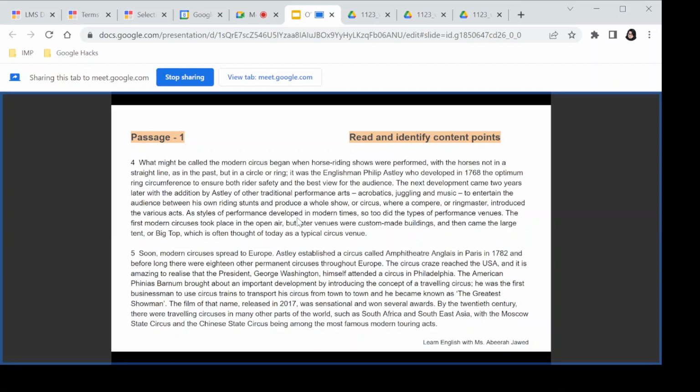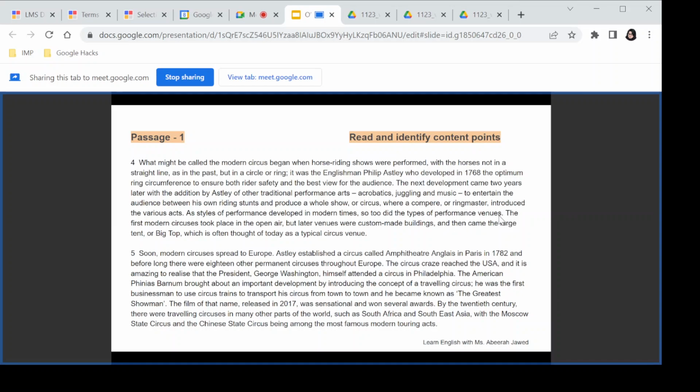Okay. Here, let me just correct you here. There is a difference here. You are completely right on point. Yes, it is the point that there was, of course, as it says, as styles of performance developed in modern times, so too did the types of performance venues. So you can say performance venues also developed with time.